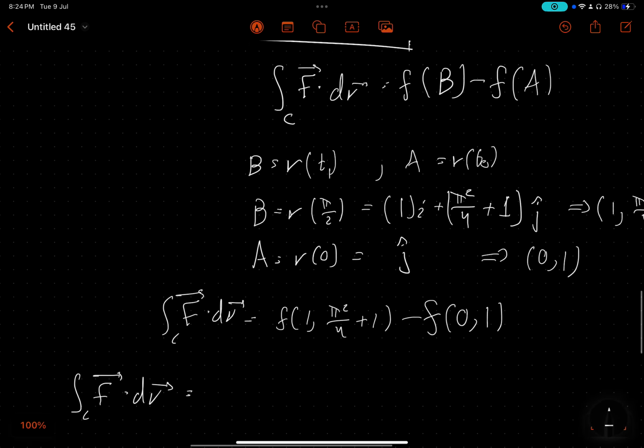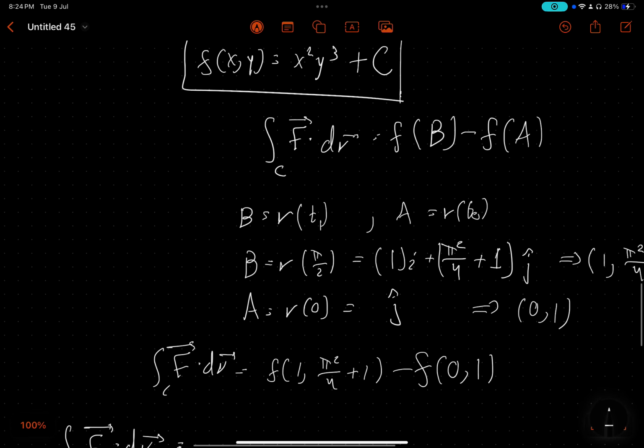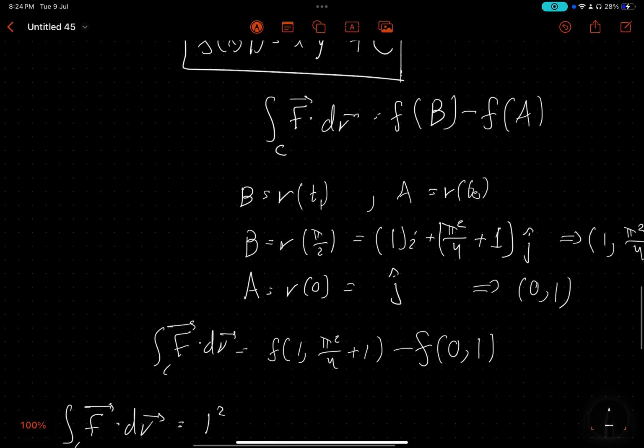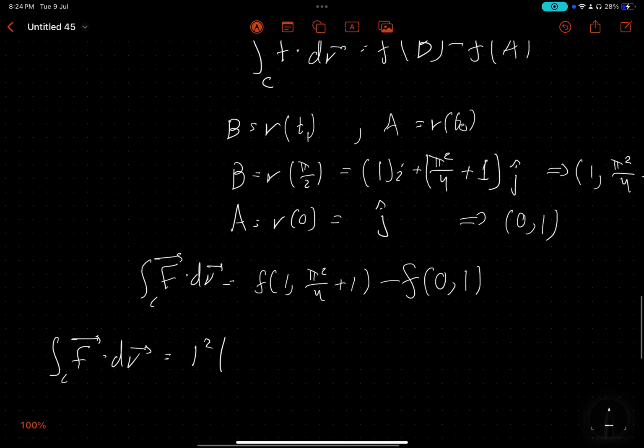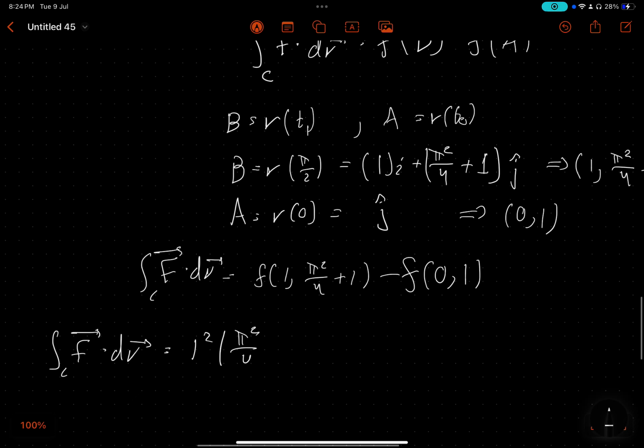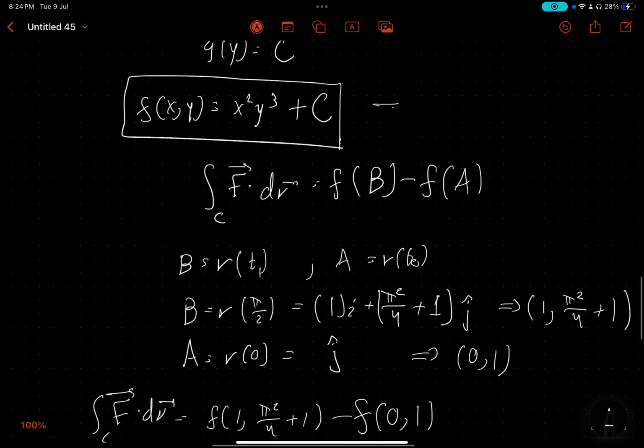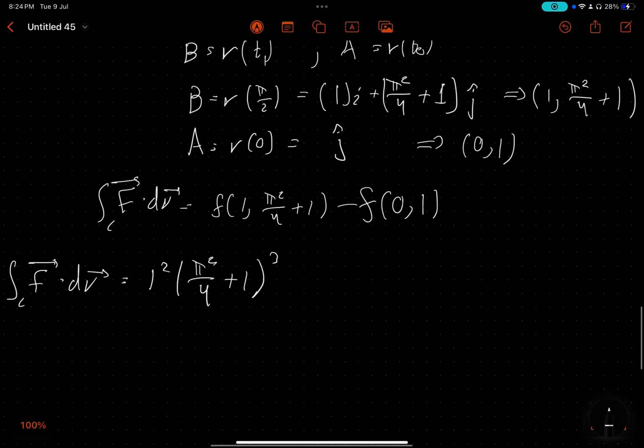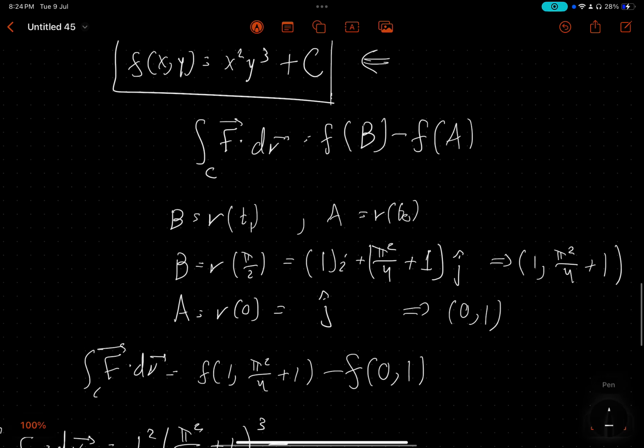It's simple. x squared is 1 squared times pi squared over 4 plus 1, all to the 3. I'm substituting in this function. Plus c, which cancels with the other c, and f of 0, 1 is just going to be 0.